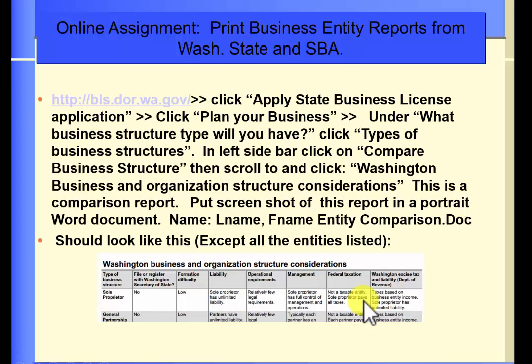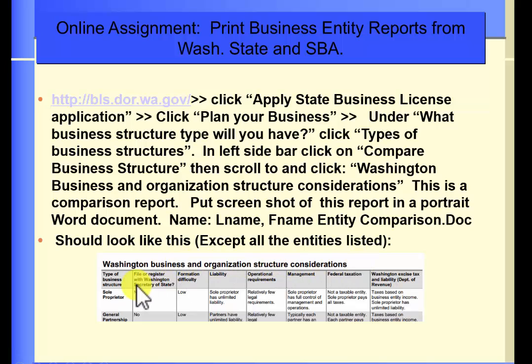So now here's the assignment. You're going to print the business entity reports from the Washington State Small Business Administration. I give you a link here. You're going to go to that link, click on apply for state business licenses, and click through all the links in this form until you get down to Washington Business and Organization Structure Considerations.